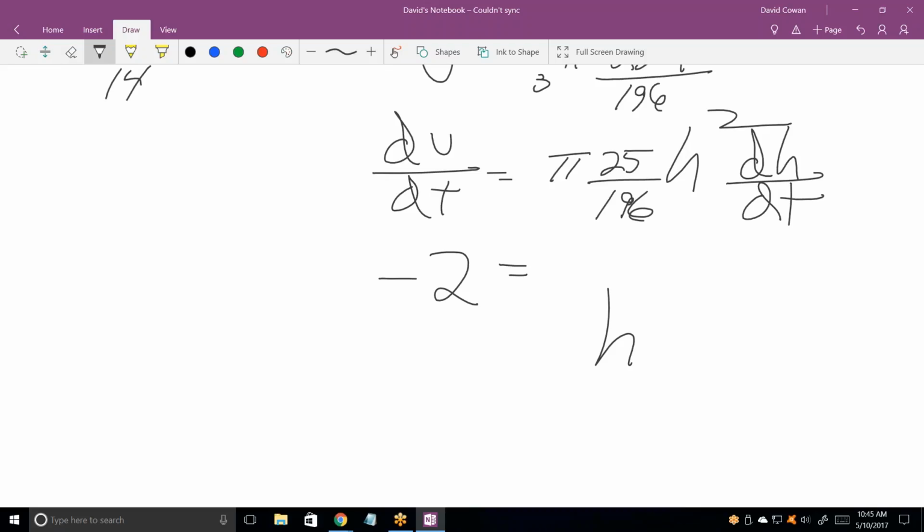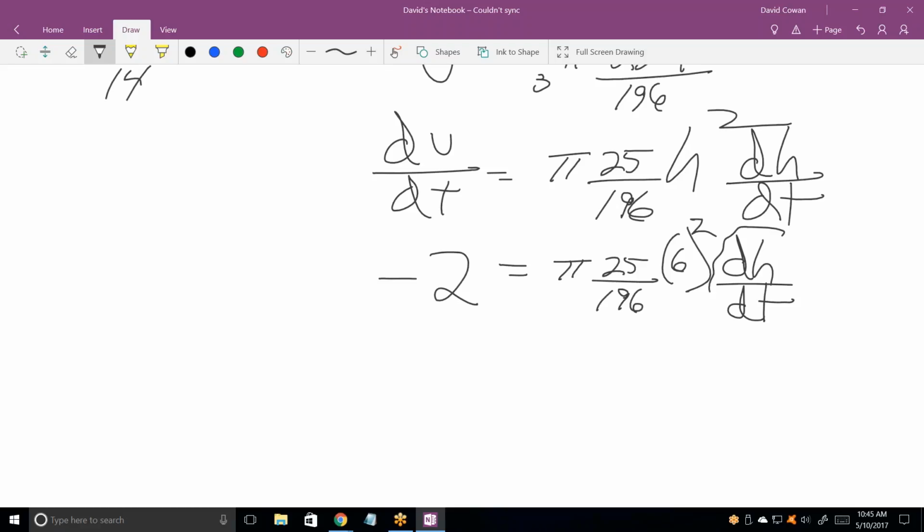So now we've got minus 2 equals pi times 25 over 196 times h of 6 d squared, excuse me, times dH/dt, and now there's only one variable in that equation. Right, and then there's just a lot of simplification.